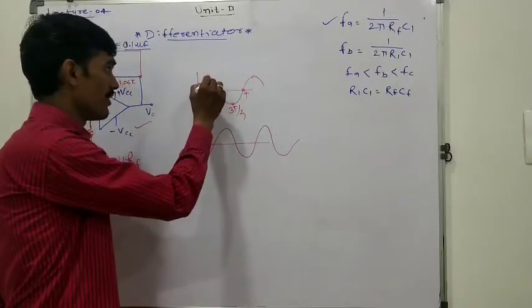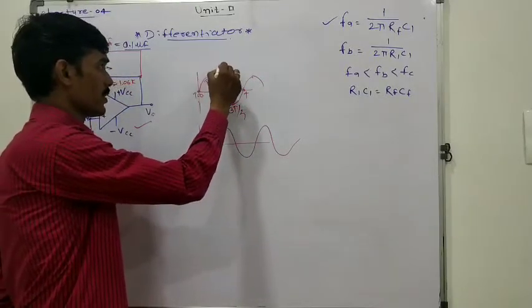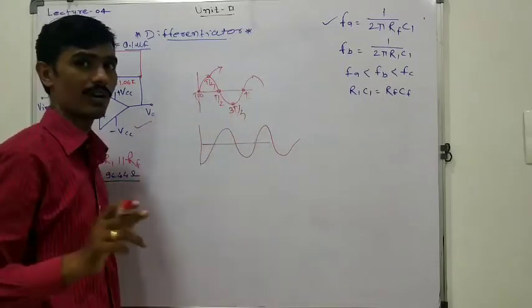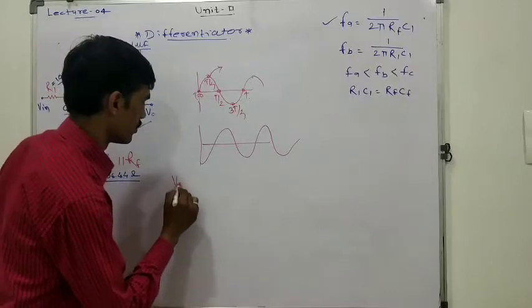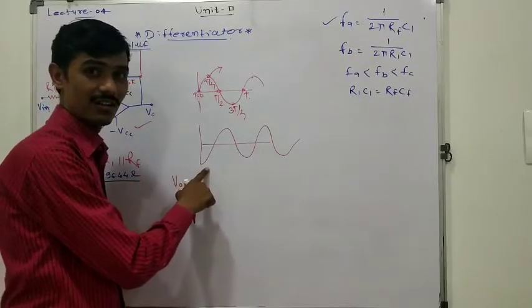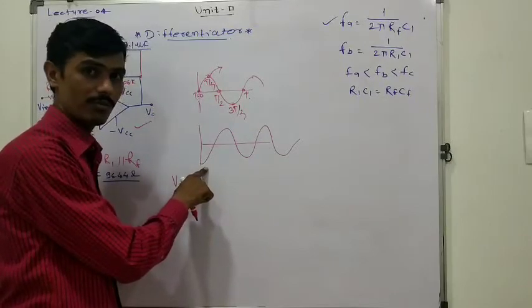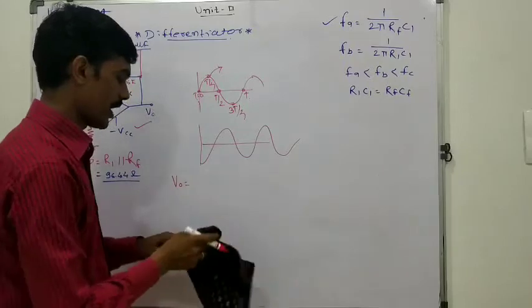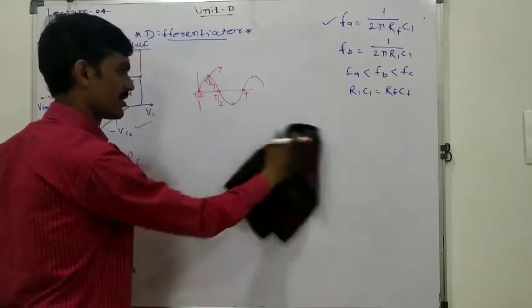So we have to take these values. For each value from t equal to 0 to T, we have to calculate the output voltage, that is VO, and then we have to draw this structure. So that is the output waveform for the sinusoidal wave. This is a generalized shape.